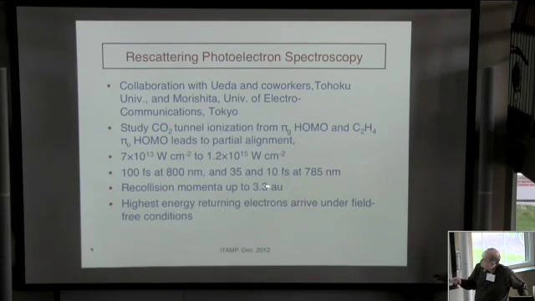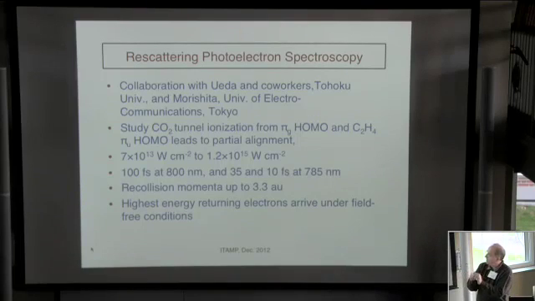And they use a range of intensities and different pulse lengths. The main connection between what I can calculate, which is just field-free electron-ion, molecular ion scattering, is that when the electron comes back, depending on the length of the trajectory, it may or may not have any field present.